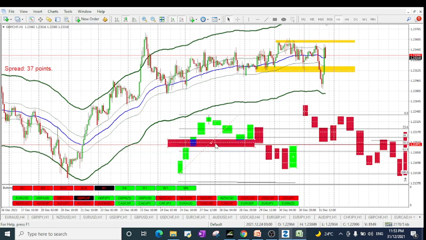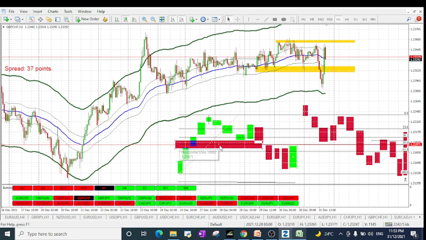So you don't really want price to retrace too much past that level, because when it retraces more than that, the chances of price coming back up to test this high at least is quite slim. So you want to see a strong push, and you want to see the market holding the price above at least 50% of the initial push.